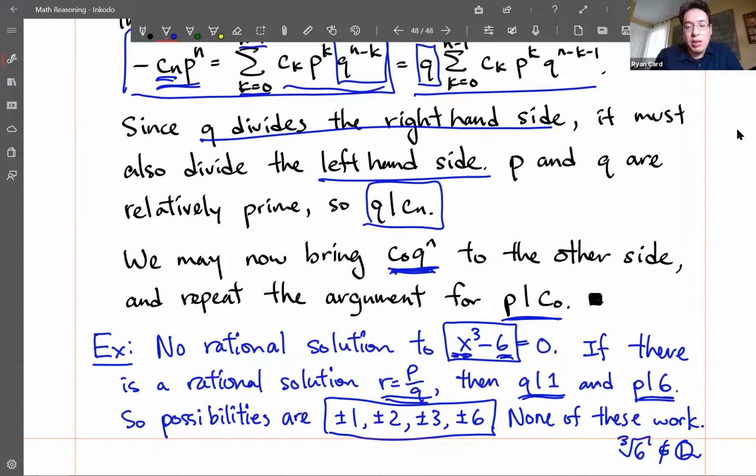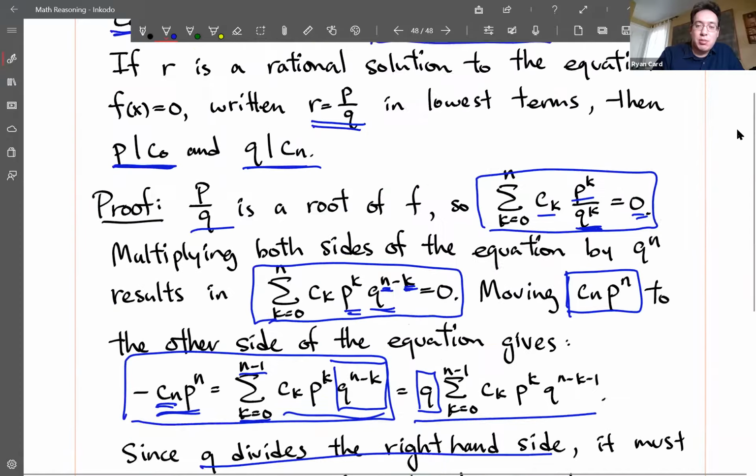We eliminated all the possibilities except for finitely many, and you could just try them all out and exhaust all the possibilities. So if you run out of possible rational solutions, then the roots have to be irrational. So that's how this theorem is usually used.